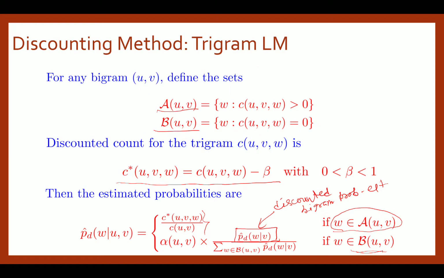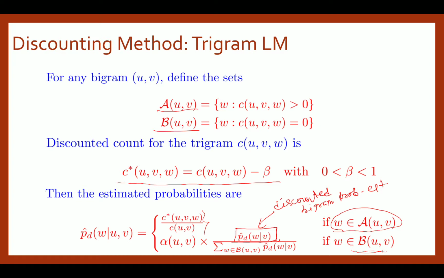The estimation of the beta can again be done in a very similar way as we discussed for linear interpolation: you look into your development set and write down the maximum likelihood. Because here the only parameter is beta, you can estimate it very simply through a grid search.